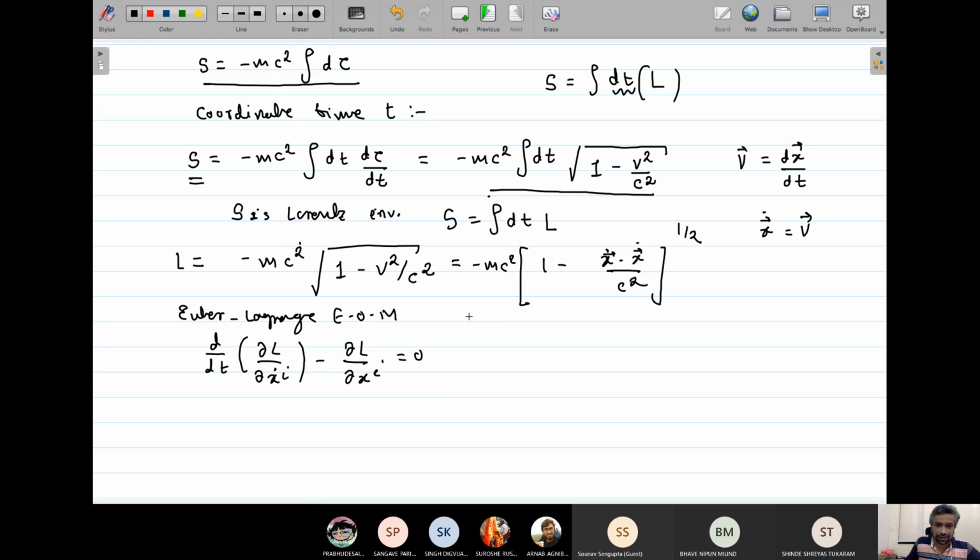So now I will compute this. You can see that this Lagrangian is independent of the x^i. The velocities are coming, but the coordinates are not, so this term will not contribute.